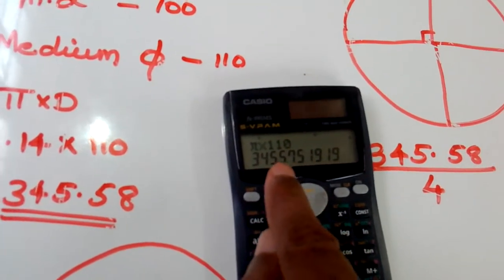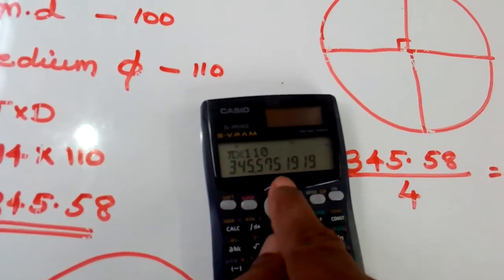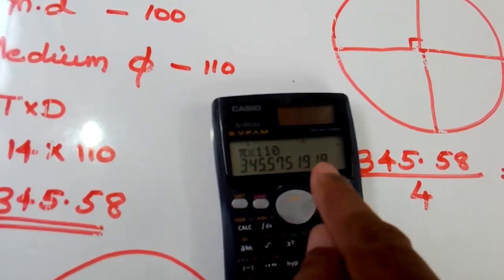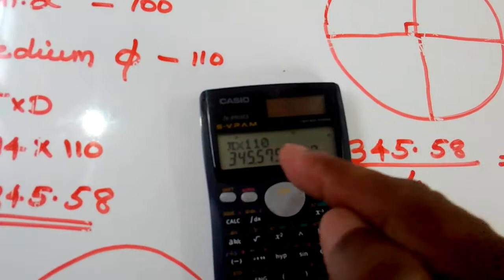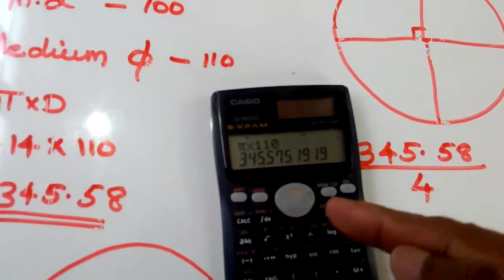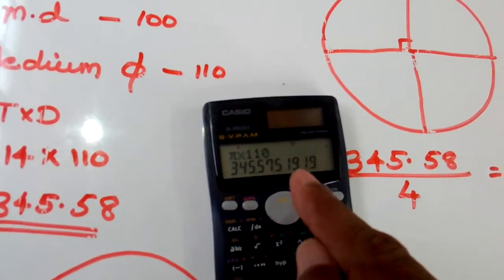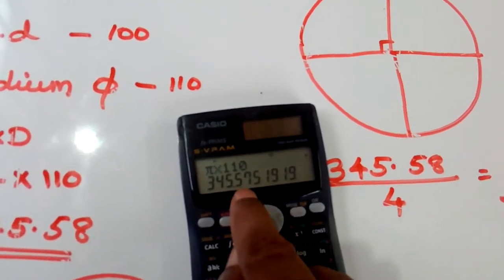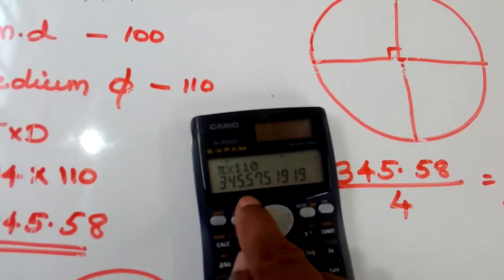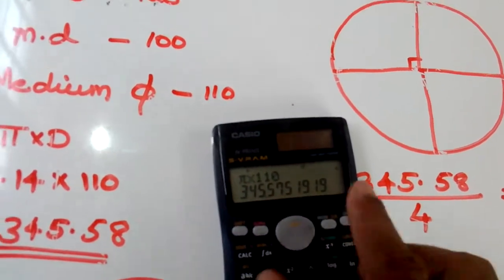After 57, one number is coming. If it is 5 or bigger than 5, we have to add 1 to the earlier number. The earlier number is 57, so it will become 58.